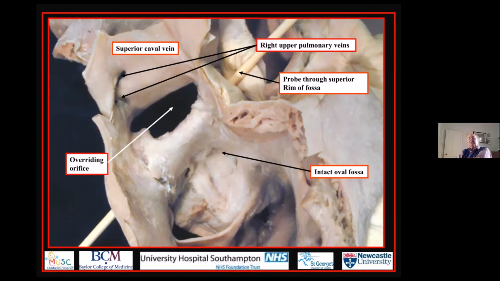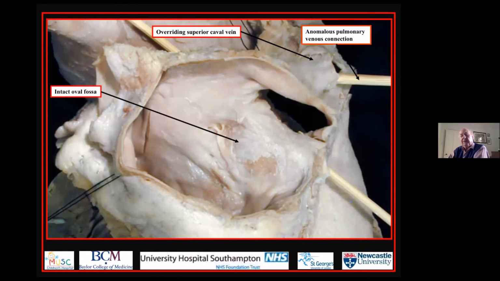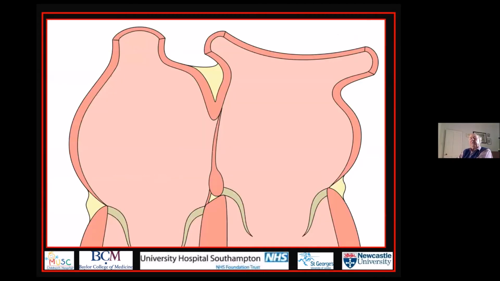And I've passed a probe through the superior rim of the fossa. I flipped the heart now, so you're looking at it from the left side. So now from the left side again, you see the overriding superior caval vein. There's another probe there within the anomalous pulmonary veins. The oval fossa is intact, and here is the key to understanding, because I've been able to pass this probe from front to back through the superior rim of the oval fossa.